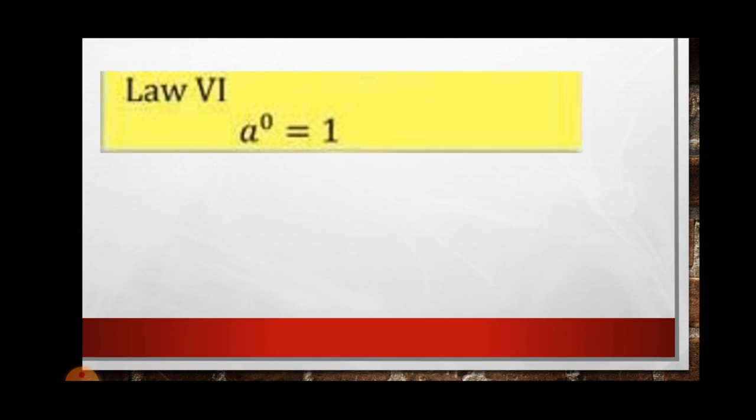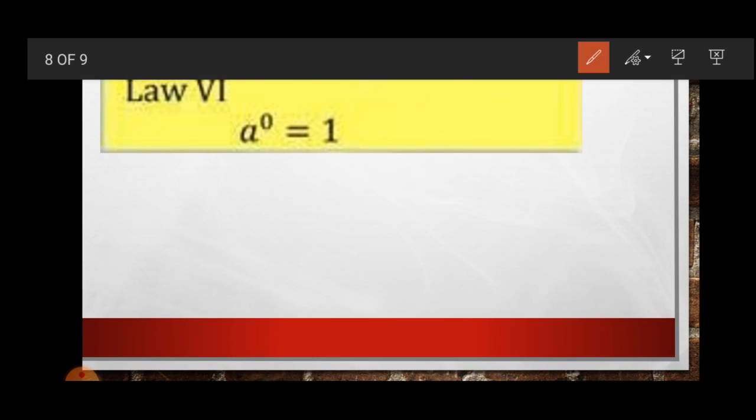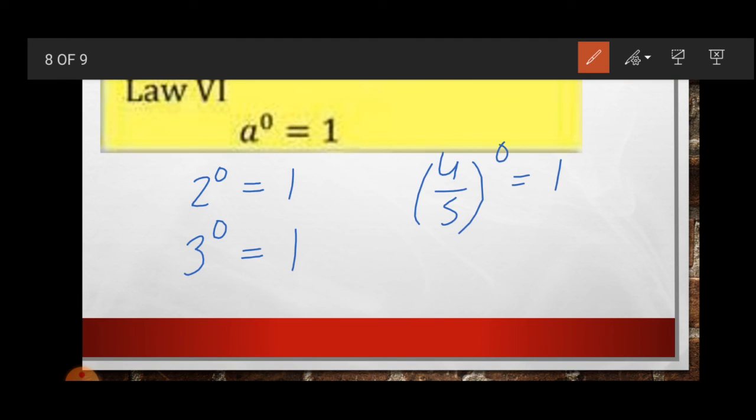Next law of exponent is a raised to the power 0 is equal to 1. Let's take examples. 2 raised to the power 0 is 1, 3 raised to the power 0 is 1, 4/5 raised to the power 0 is 1, minus 2/3 raised to the power 0 is 1.